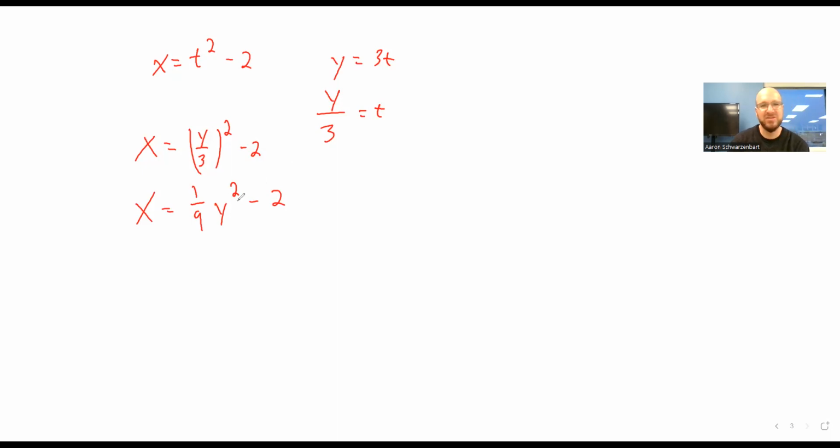They did solve this for y. Again, I probably wouldn't with a y squared. That's a sideways parabola. That's example 3. Example 4, identifying a different graph.